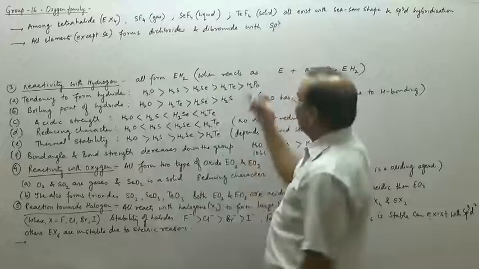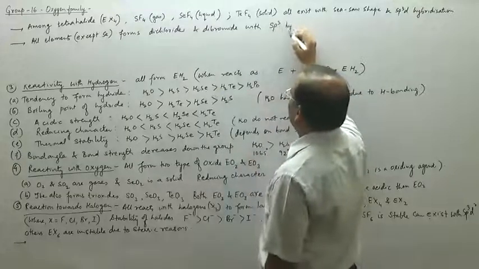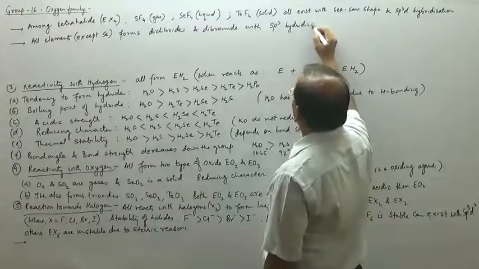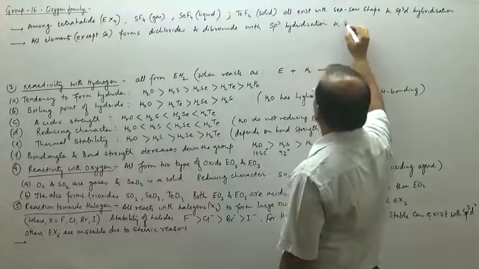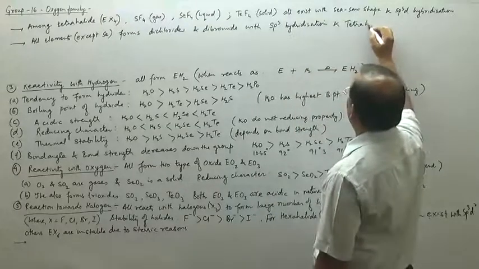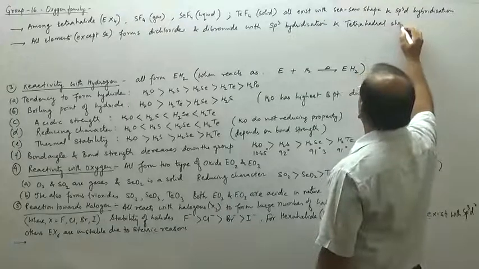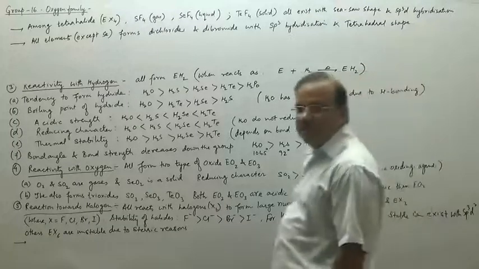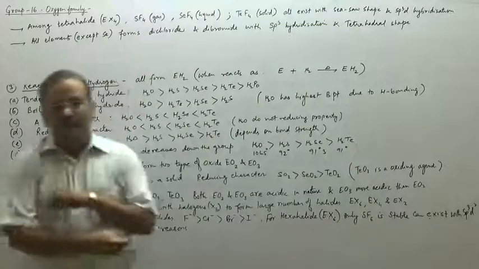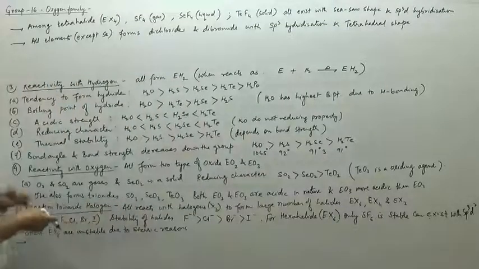So they will have a tetrahedral shape with sp3 hybridization. That is how we can say their properties: they will be having a tetrahedral shape, and we'll write how the structure is.